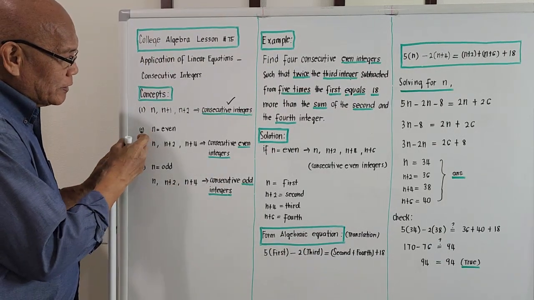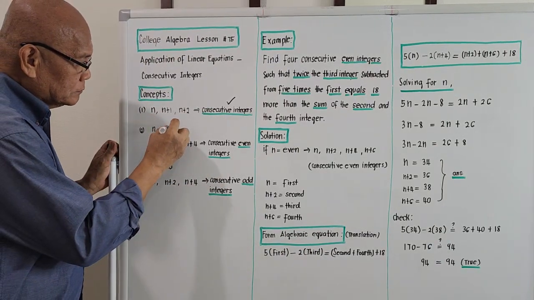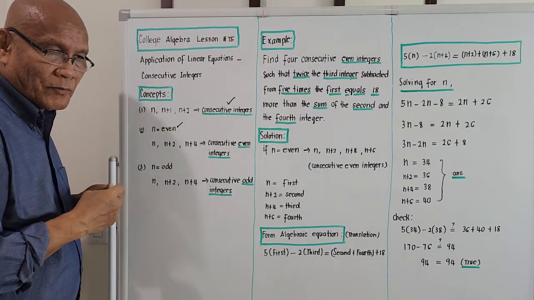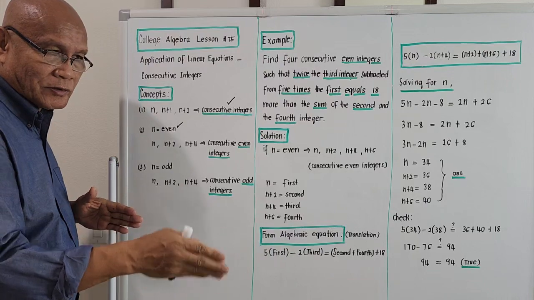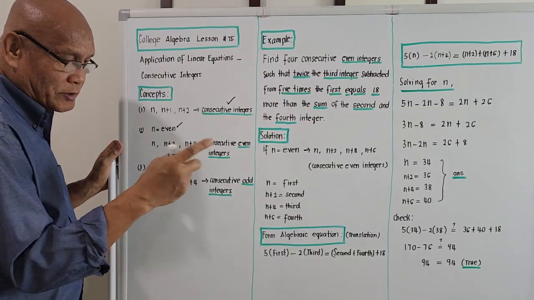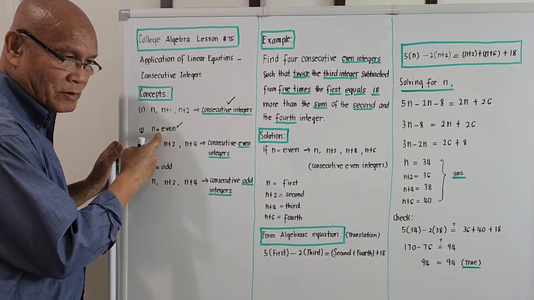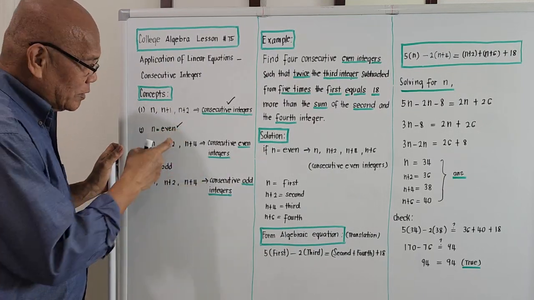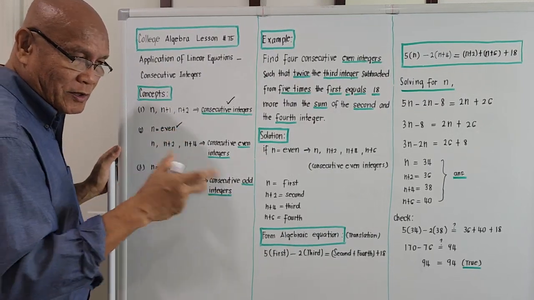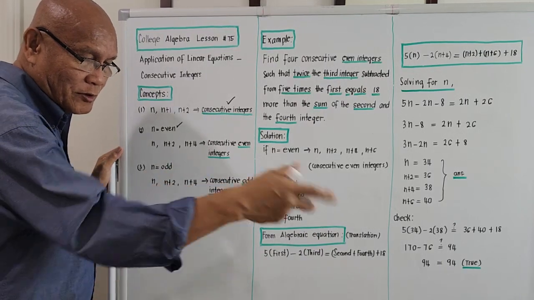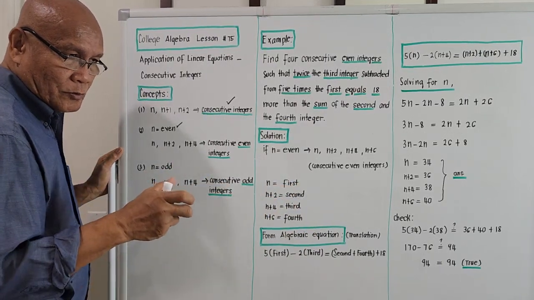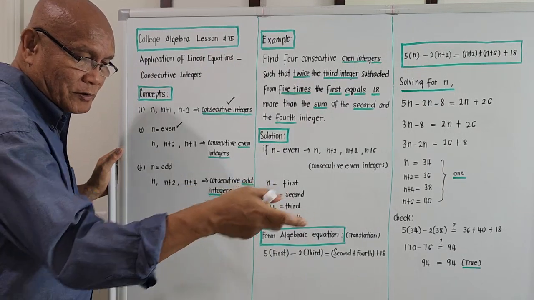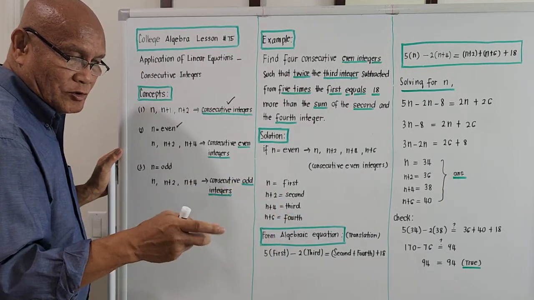If the value of n is an even number, meaning the number is divisible by 2, that's why it is termed as even number. If n is an even number, and it was specified in the problem that it was an even consecutive integer, to bring out the numbers under the sequence of consecutive even integers, the writings of the variations will be something like this.